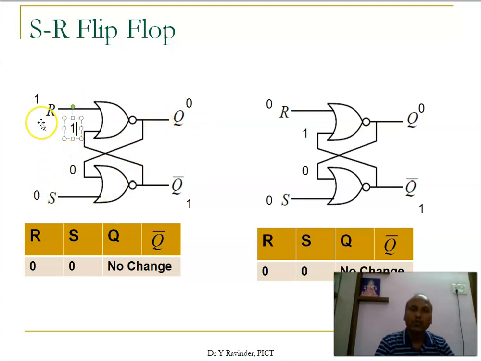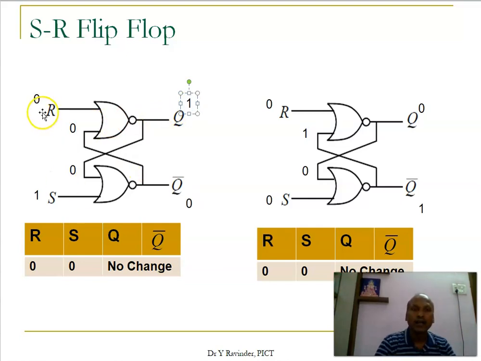Now if I want to set, this is 0, this is 1. Now because of this one, this becomes 0. Now this 0 goes here. Now because of this 0 0, this becomes 1.